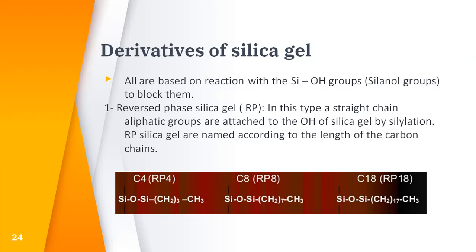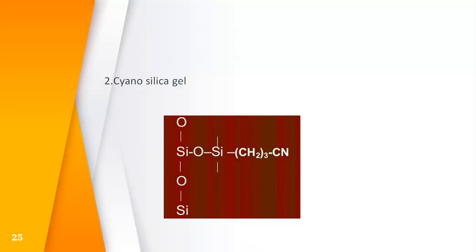For example, in the first one you can see there are 4 carbons, hence it is named as RP4. One containing 8 carbons is termed as RP8. One containing 18 is termed as RP18. Next derivative of silica gel is cyano-silica gel. Here you can see a cyanide group is there.